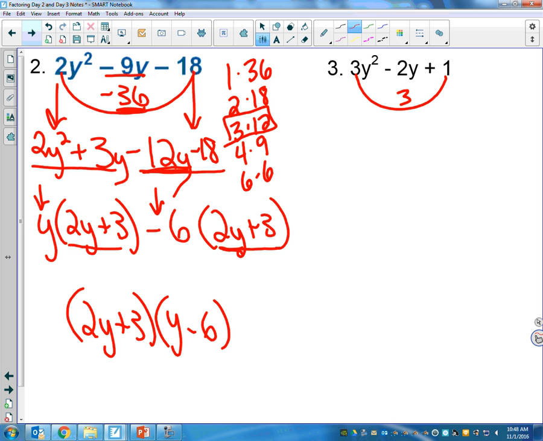So the only two things that multiply to give me 3 are 3y and 1y. But you should see that there's a problem here, because I want to get a negative 2. If I want to get a negative 2 in the middle, do you agree that has to be a negative 3 and a positive 1? Can I take negative 3 times positive 1 to get a positive 1 at the end? It doesn't work, because it's not going to give me that plus 1 there.